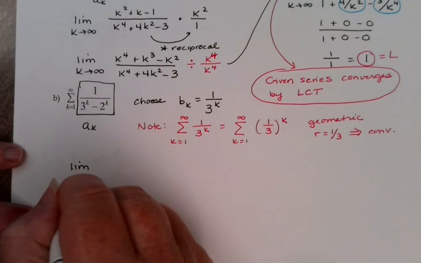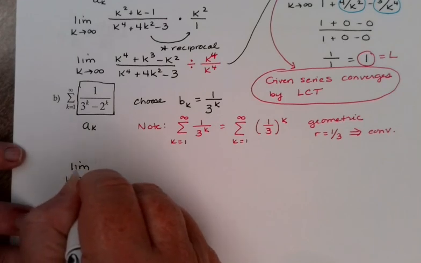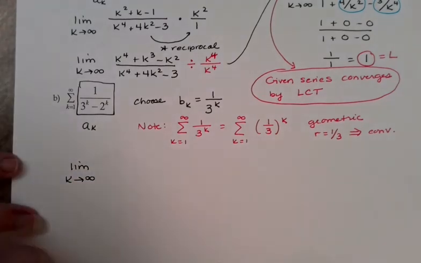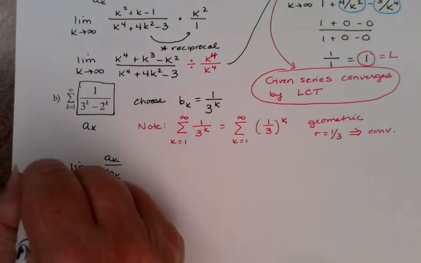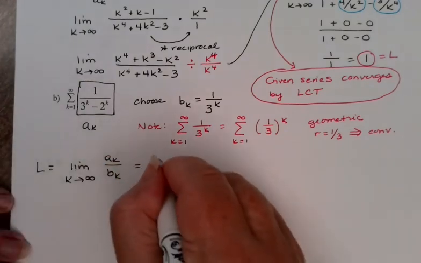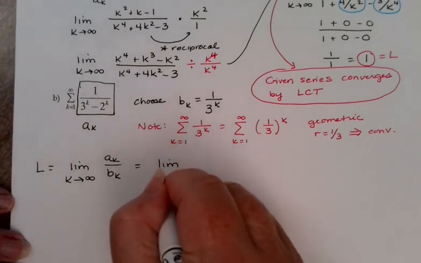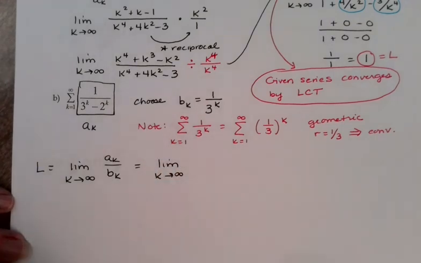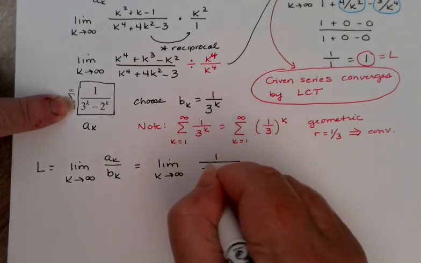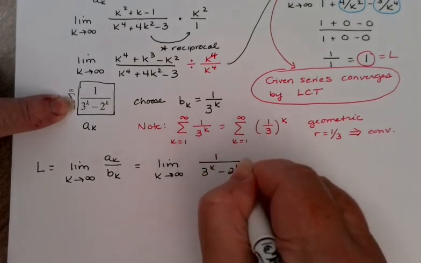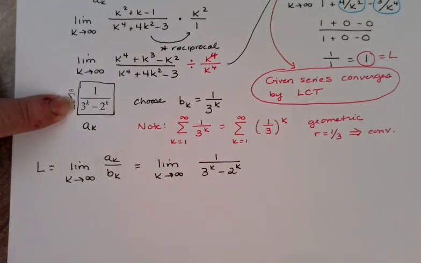So I've got to take the limit as k goes to infinity of the a sub k over b sub k. That's our L. A sub k is the original, 1 over 3 to the k minus 2 to the k.